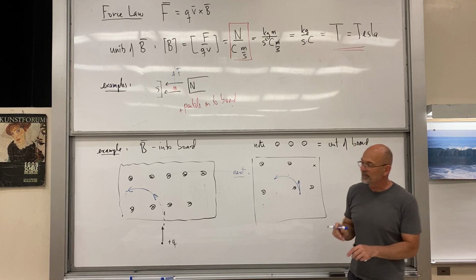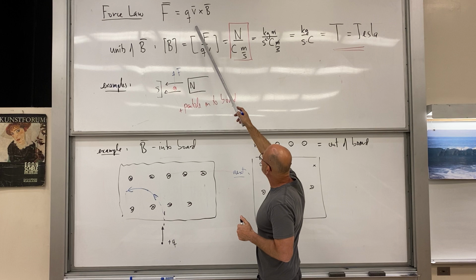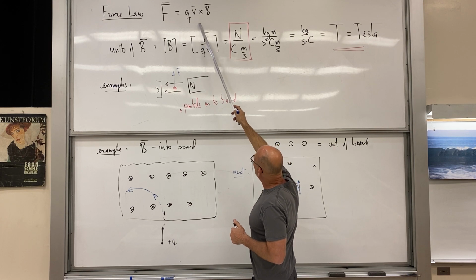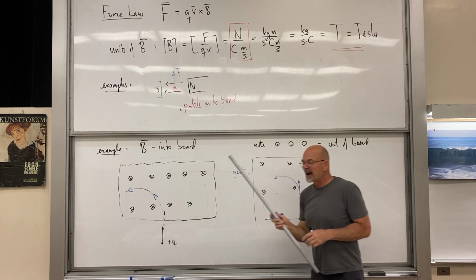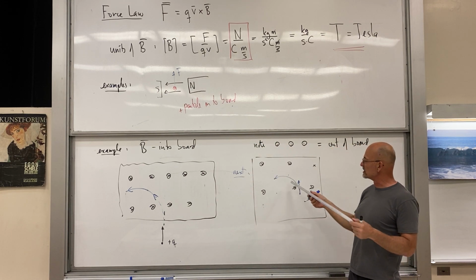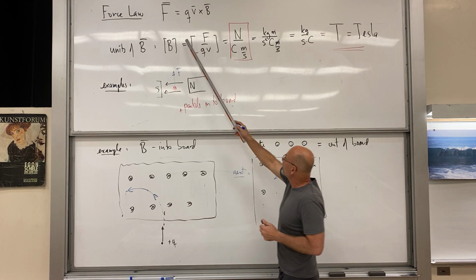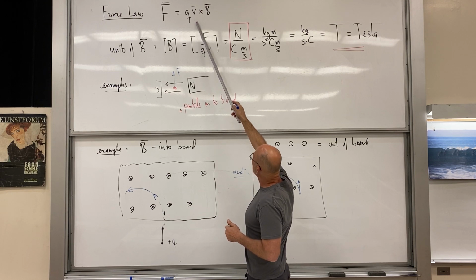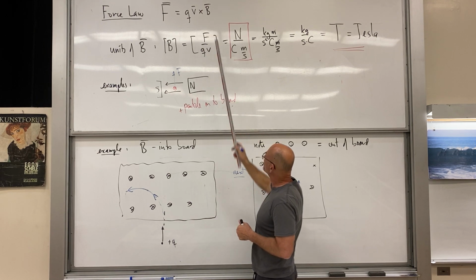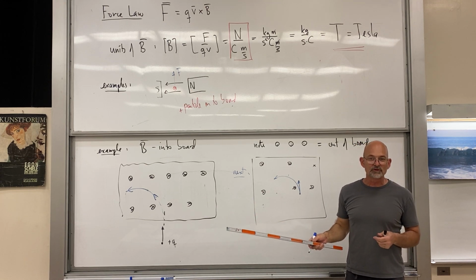Now, how do I know it's going to be a circle? From this definition here, the force is perpendicular to V. So it neither gains nor loses energy if there's no friction, if there are no collisions. Okay, so if it's in a vacuum. So since the force is always perpendicular to V, that's the definition of uniform circular motion.